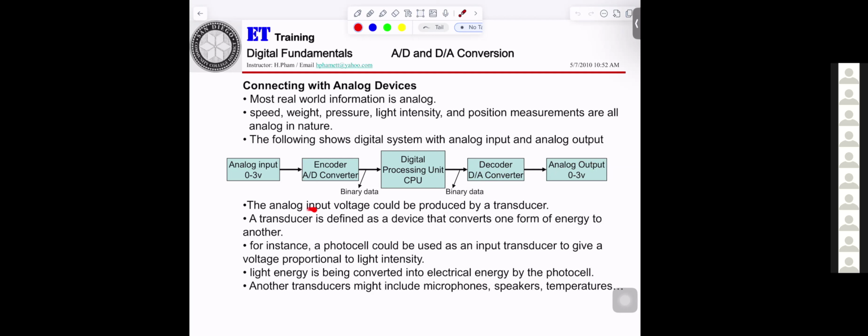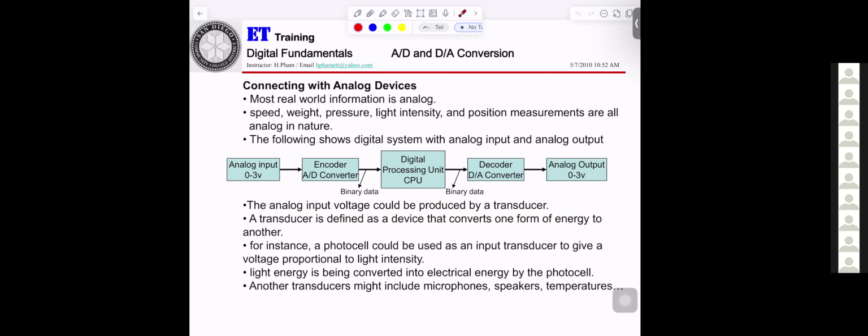The analog input voltage could be produced by a transducer. A transducer is defined as a device that converts one form of energy to another.